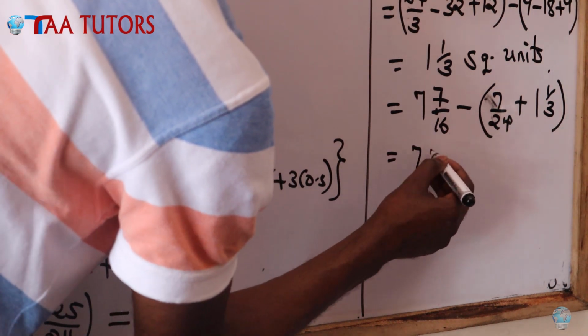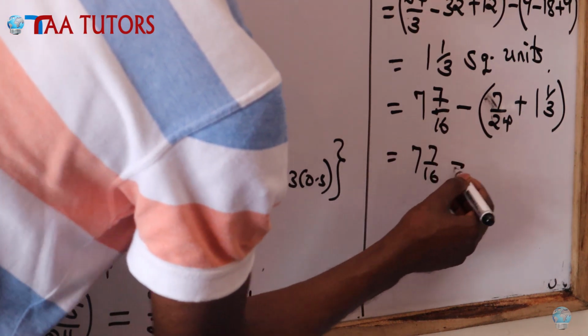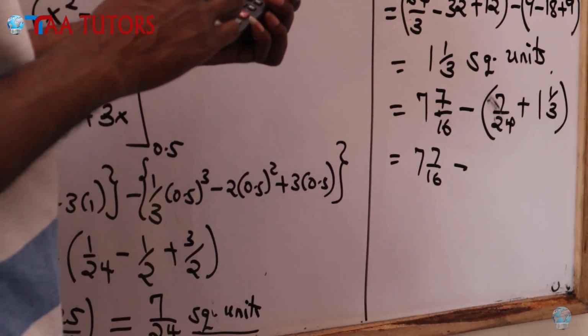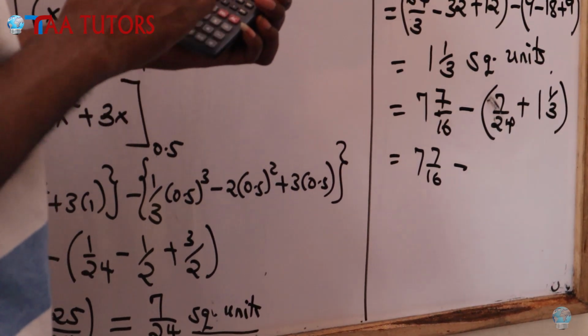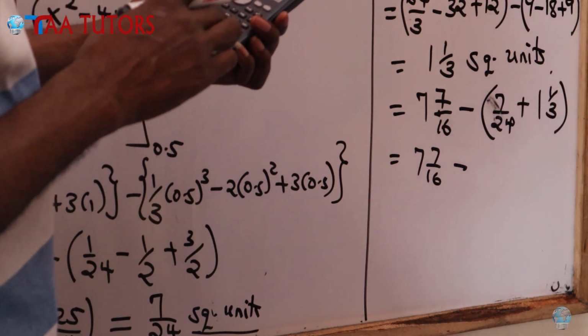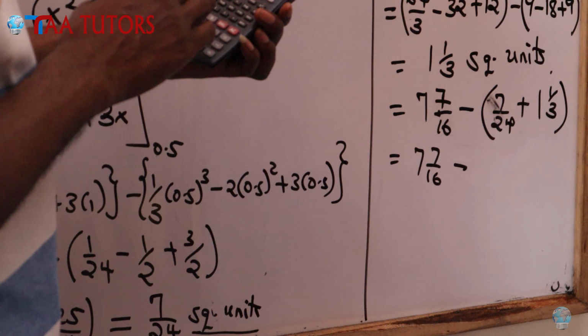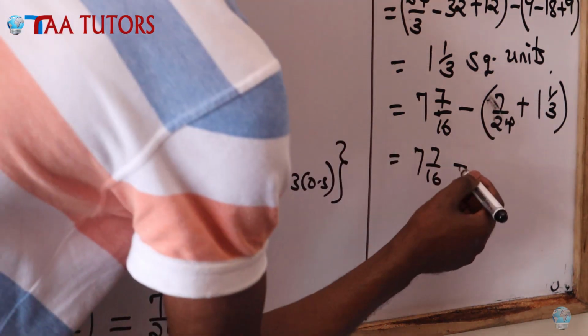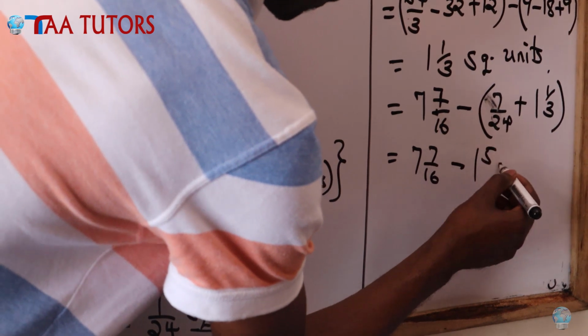So this is 7 and 7 over 16 minus, 7 over 24 plus 1 and a third, we get 1 and 5 over 8.